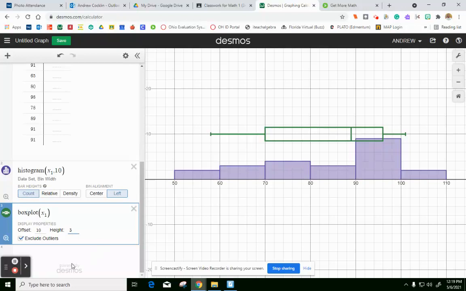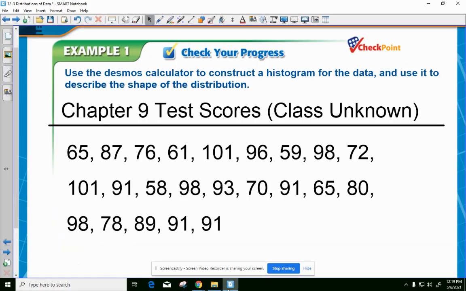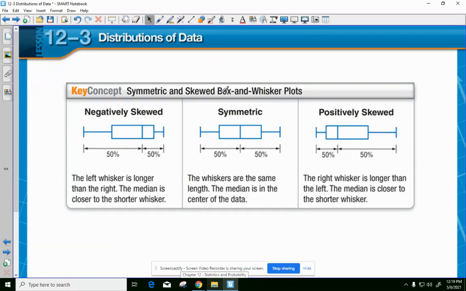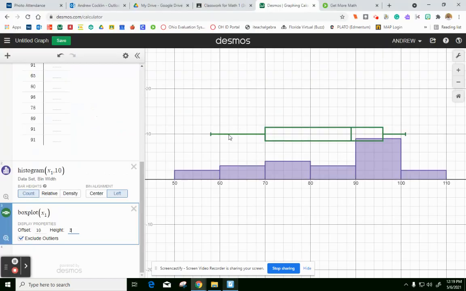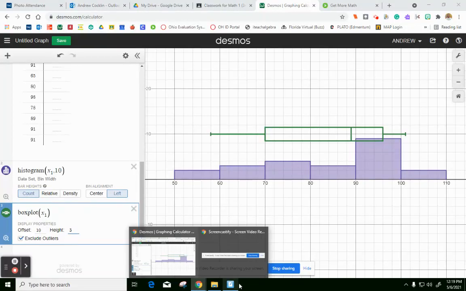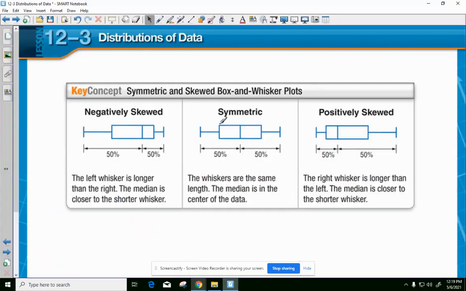All right. Now, just like the histogram, if we come back here, we also have distribution pictures for box and whisker plots. And the way a box and whisker plot works is it's all by percentages. Each one of these sections of the box and whisker plot represents 25% of my graph. When I look at the symmetry here, if more of my 50%, notice here, is to the left, that's negatively skewed.